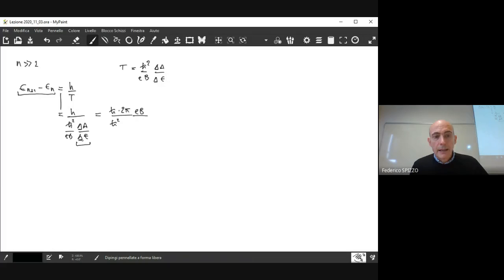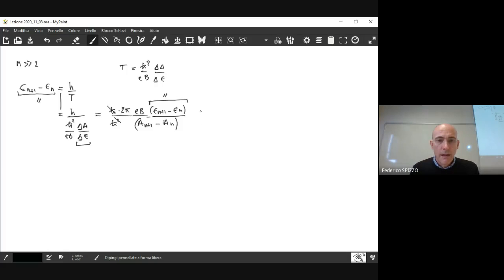In place of delta E, the small variation of the energy, I write as it was before, E of n plus 1 minus E of n. And in place of the small variation of the area, I write the area corresponding to n plus 1 minus the area corresponding to n. So this term and this term here can be simplified. So we may also simplify this h bar with the h bar squared at the denominator.